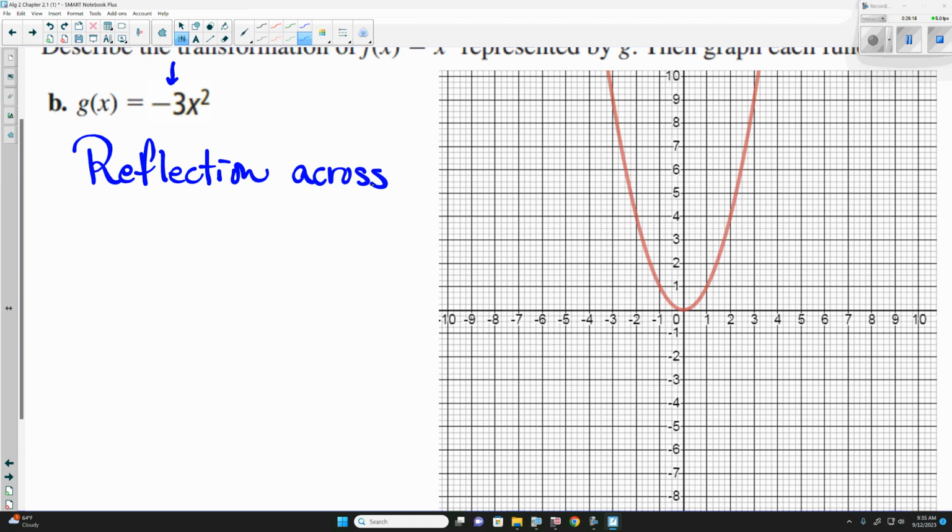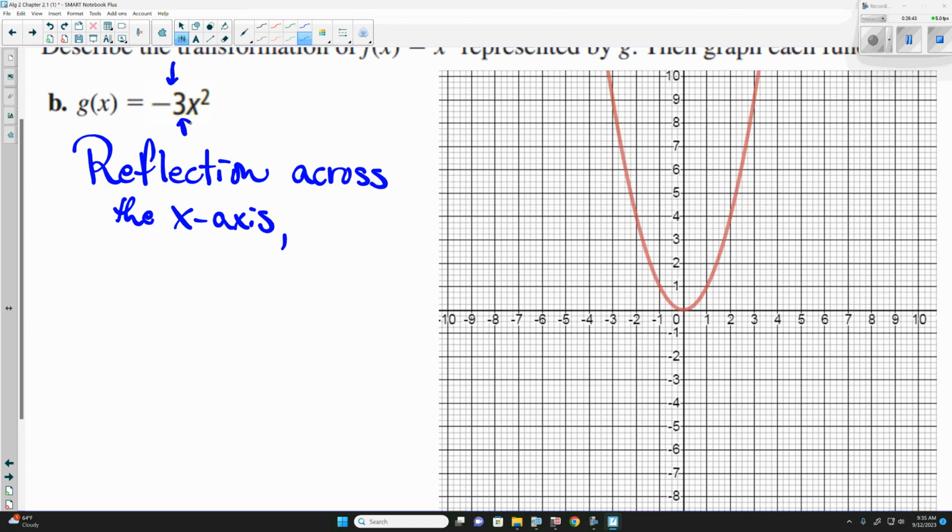Now, the only place it differs is where it's across. Here, is it inside parentheses or outside? Outside. If there's no parentheses, it's automatically outside. So this is going to be across the x-axis. If it's inside the parentheses, it's across the y-axis. So we took care of the negative, yes?